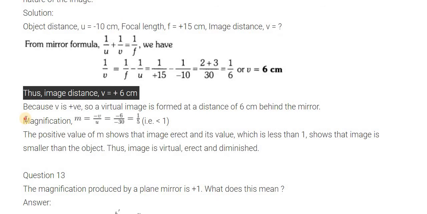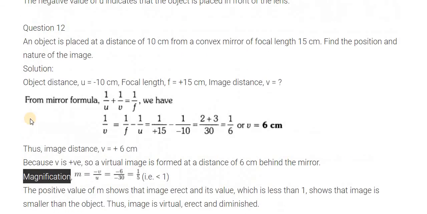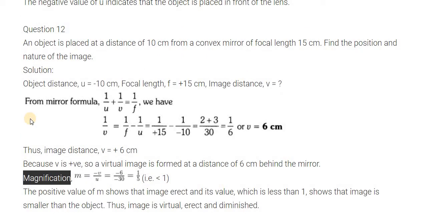Now let's see the magnification. Magnification m is equal to minus v by u. So v is plus 6 and u is equal to minus 10. Here the printing mistake is there.